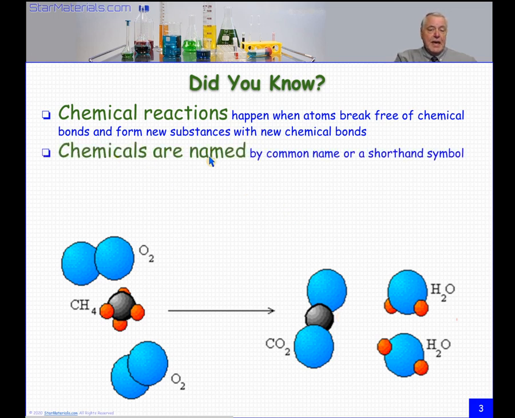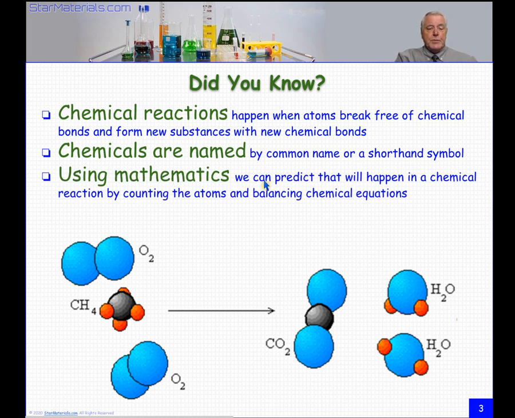The chemicals are named by a common name or a shorthand symbol: C for carbon, H for hydrogen, O for oxygen. Then there are some others that are made from their Latin names or their Greek names, a long time ago.